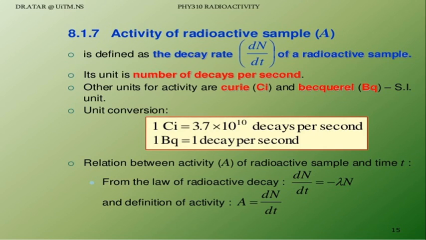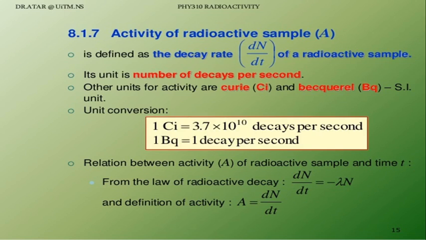Decay rate means the rate at which the number of radioactive nuclei decreases with time. So it is given by dN by dt. And this activity is denoted by capital R. So R is equal to dN by dt.